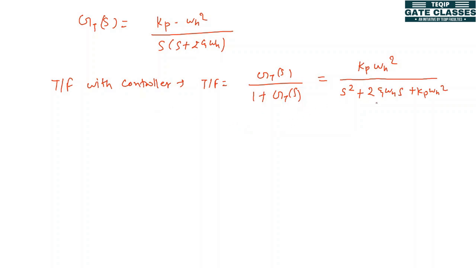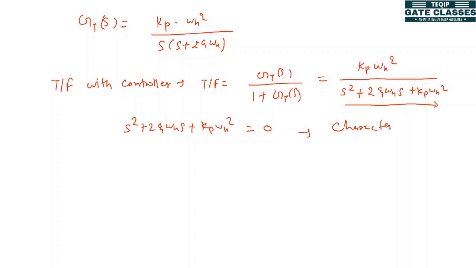Now if we put the denominator equal to 0, s square plus 2 zeta omega n s plus Kp omega n square, then this is called the characteristic equation.